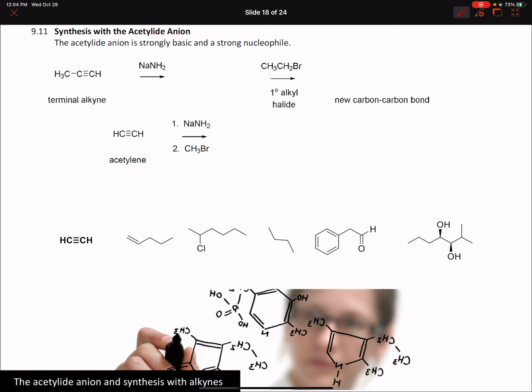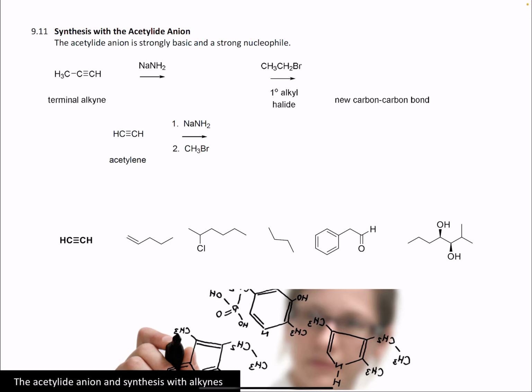This is the important bit. When you treat a terminal alkyne, we need this hydrogen, with sodium amide. Remember, it's the sodium ion and the amide ion. We don't really care about sodium, but the amide is the one we're interested in.